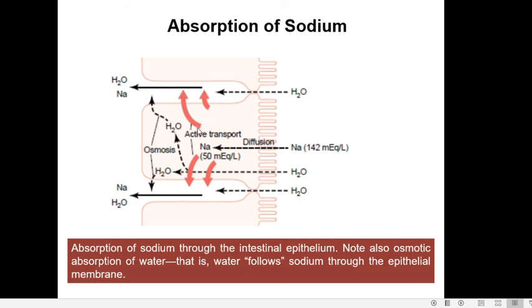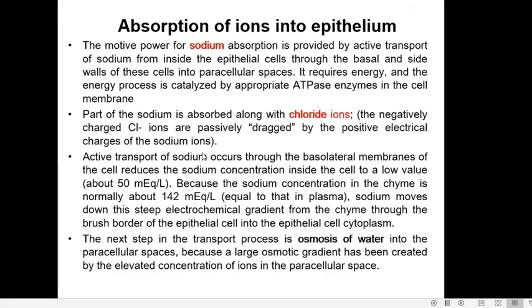Because of this, the sodium concentration inside will always be 50 milliequivalent per liter while in the lumen it is 142, and therefore sodium will diffuse from the intestinal lumen into the cell interior.